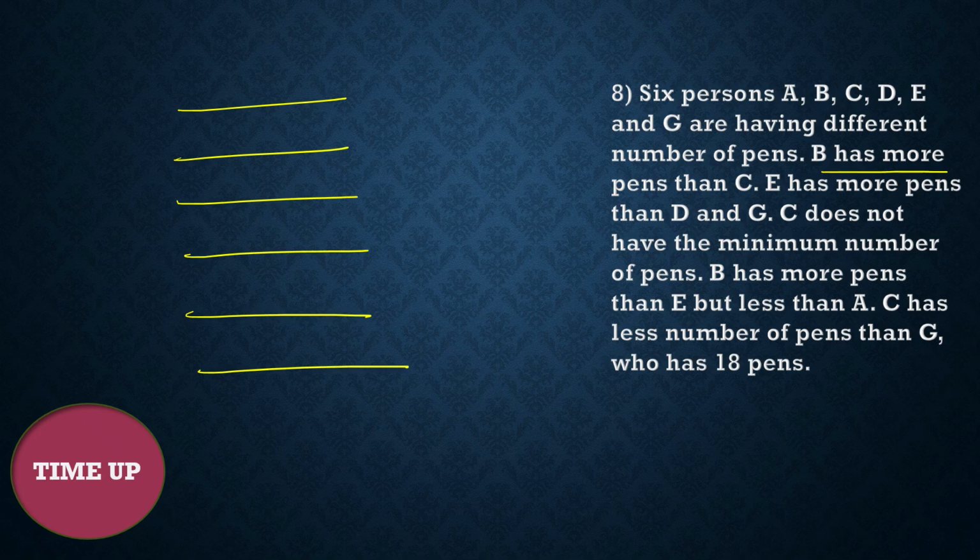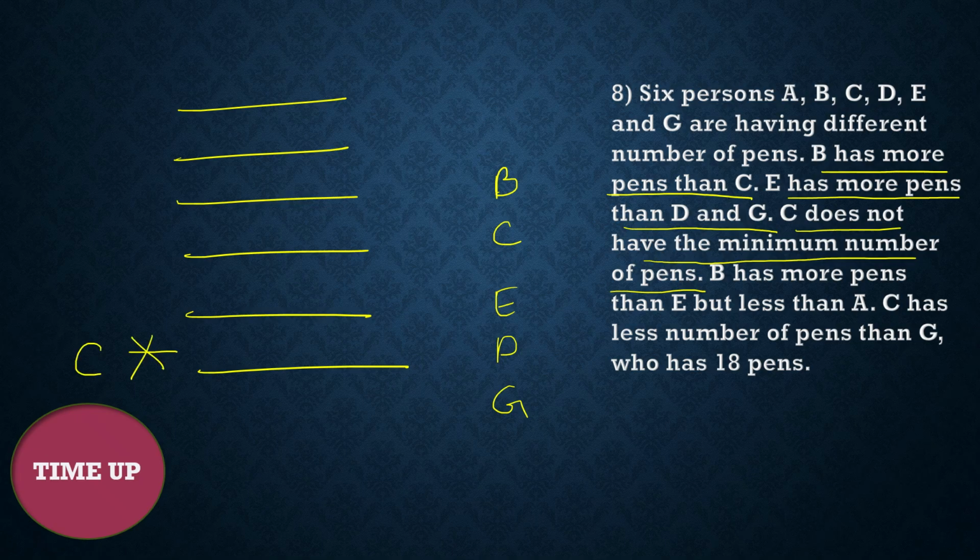B has more pens than C. E has more pens than D and G. C does not have the minimum number of pens, means C cannot be placed at the last.